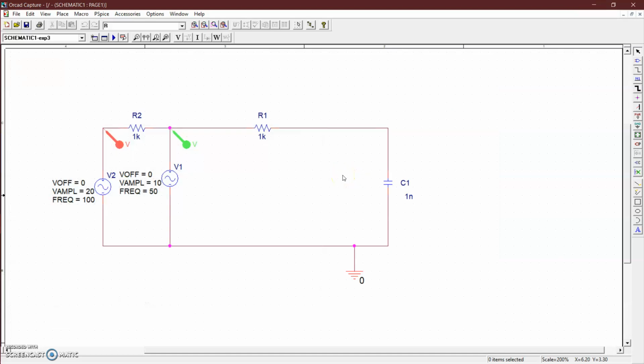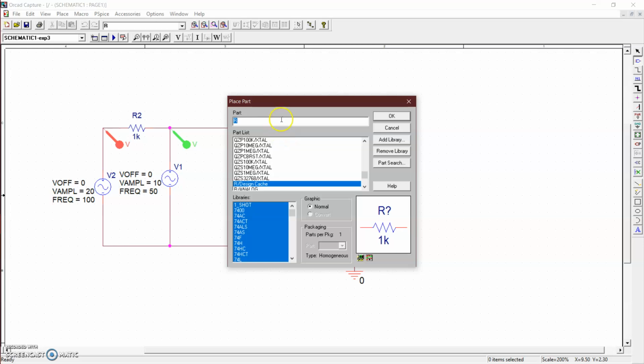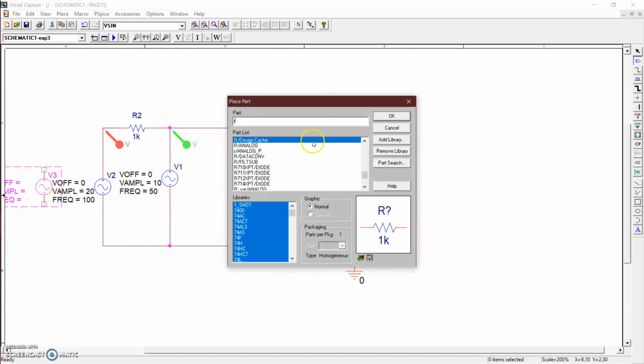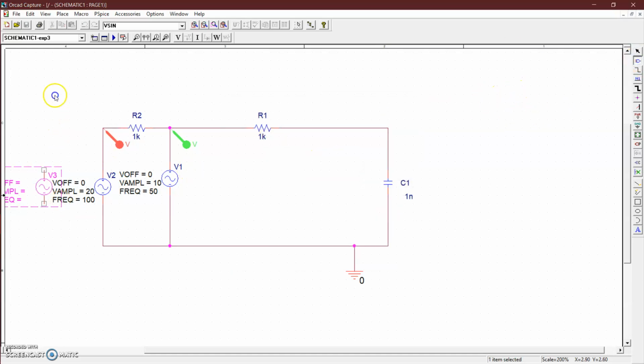Now let's place another one here. I place it here and place a resistor. Always place a resistor.